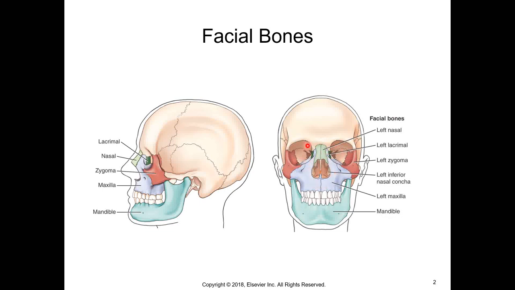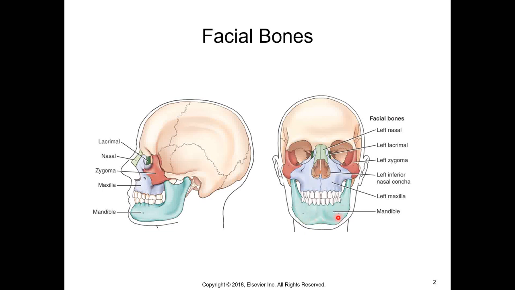And then here's your right lacrimal on this side. Kind of a bad choice of how they chose to delineate the color. And here you've got your mandible. And this portion of your mandible is called the mental point, the mandibular symphysis, the mentum. There's a few different words for it, but this is your mental point here.